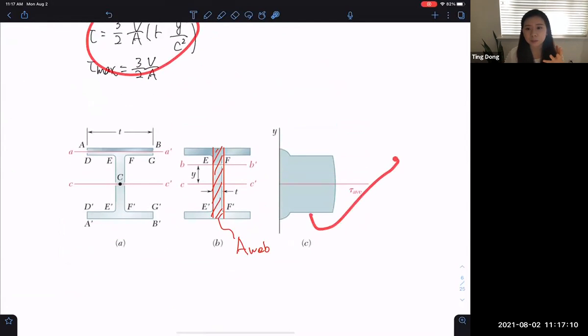And this one is a little different because it's not exactly derived from the general equation. Let's say we do some tests and we find this is the distribution of the shear stress for an I-beam.